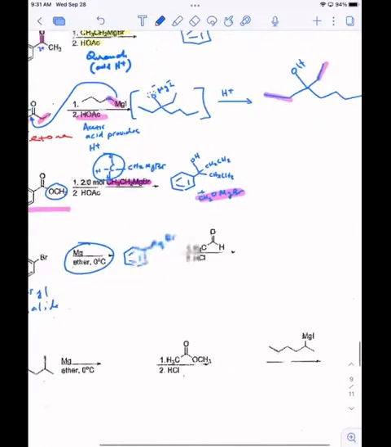All right, now in the second step of that sequence, what am I doing? I have a Grignard. First step, which is indicated by the number 1 over the arrow, is to add in an aldehyde. And the second step is to add in some HCl. What am I doing there? You turn into an alkane.